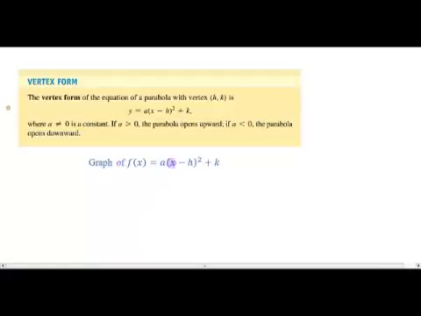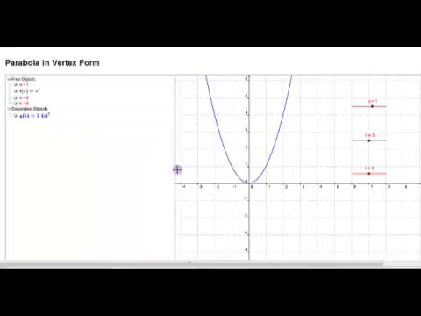Let's look at the graph of f of x equals a times (x minus h) quantity squared plus k. So I have here a parabola that's the standard f of x equals x squared, and I'm going to manipulate a, h, and k. We've already manipulated a. If we make it a larger number, then it makes the parabola more narrow.